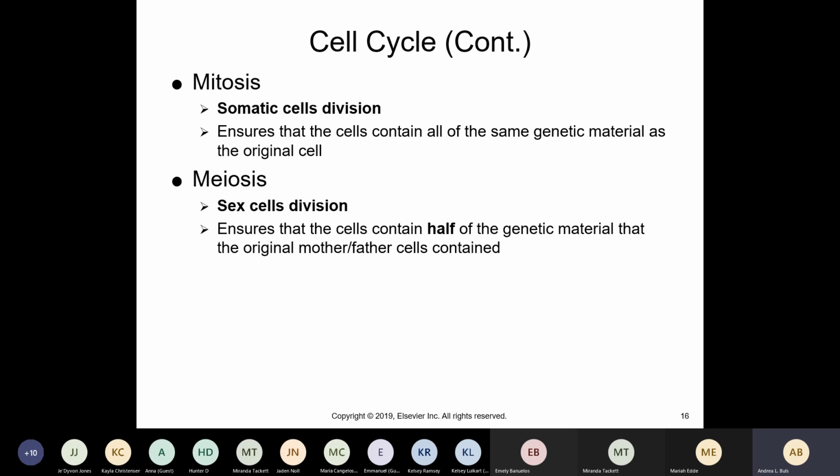Meiosis is going to ensure that the cell contains half of the genetic material that the original mother or father cell contained, because those cells will then come together, a sperm and an egg, and together we'll have 23 chromosomes from one of the parents and 23 chromosomes from the other parent, and that will give us the full 46 chromosomes.